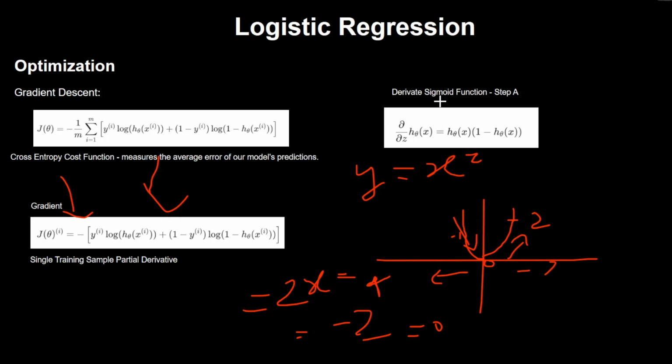Here we have our sigmoid function, h theta of x. If we differentiate this, we will get this right hand side equation. Let's look deeply at how we can do this derivation of the sigmoid function.